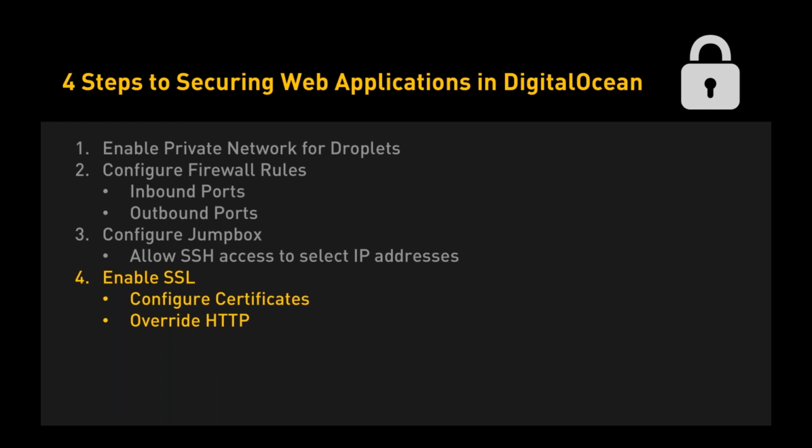For example, instead of adding Web 1, Web 2 manually, you can tag all your web servers with a group, web group. And then for the database access, instead of giving one droplet at a time, you can actually give web group as the tag, and any droplet that belongs to that metadata or the tag can now talk to the database.